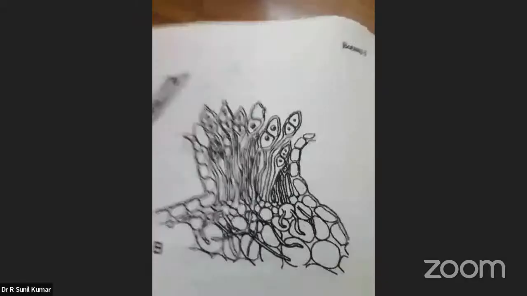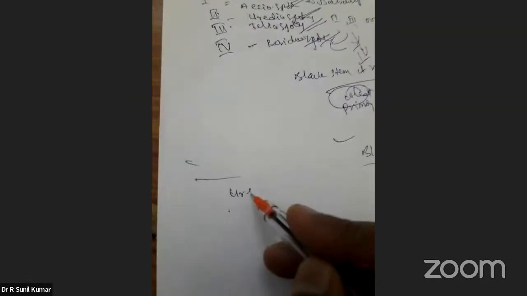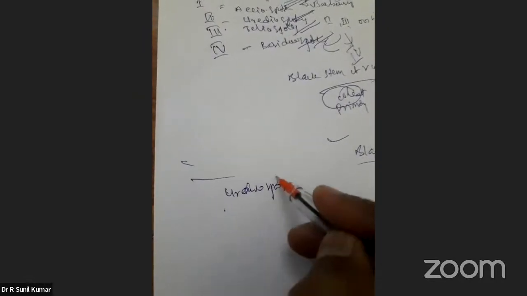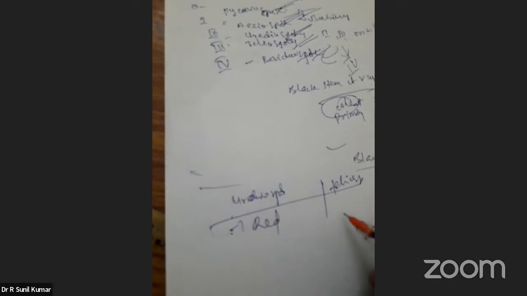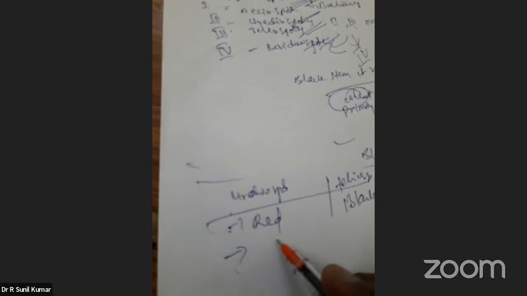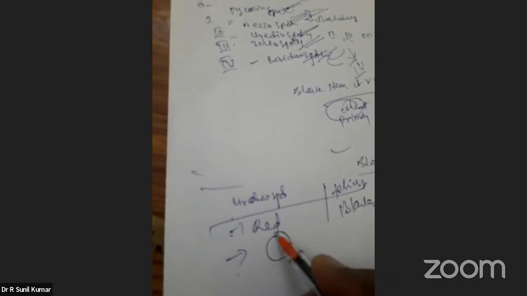Uredospores are red color. What are the major differences between the uredospores and teleospores? The color is red for uredospores, the color is black for teleospores. Uredospores are unicellular binucleate.